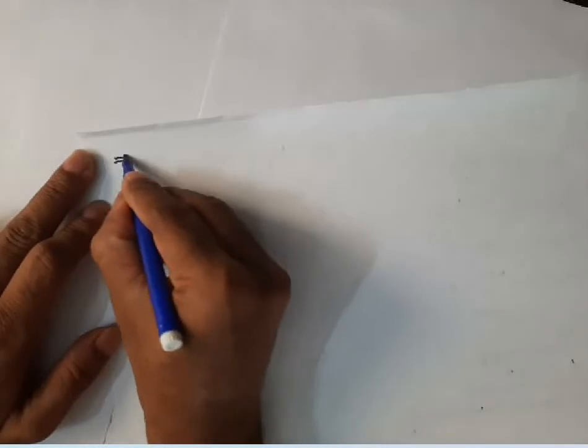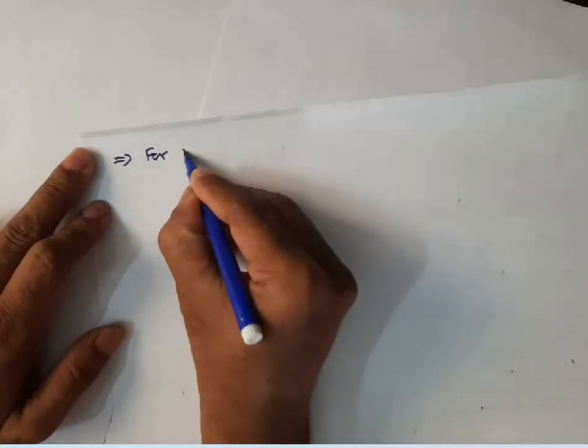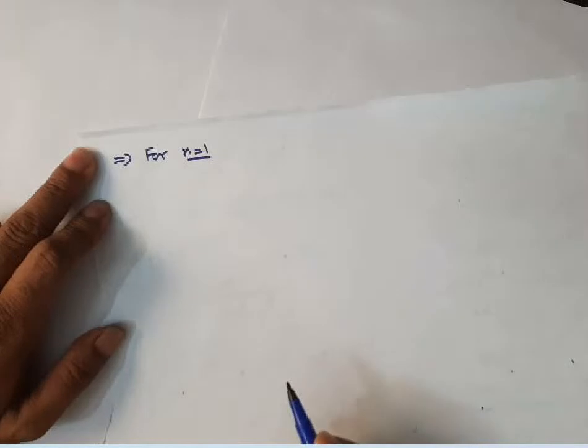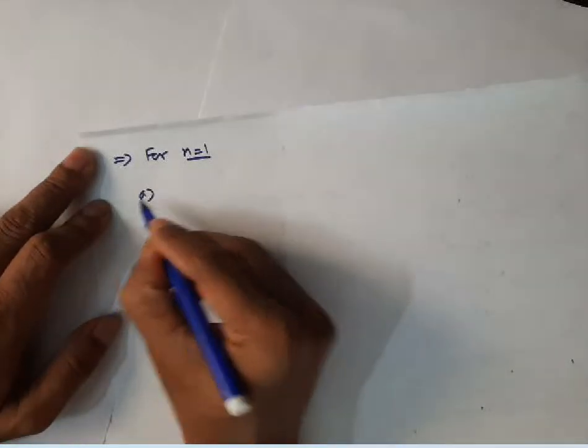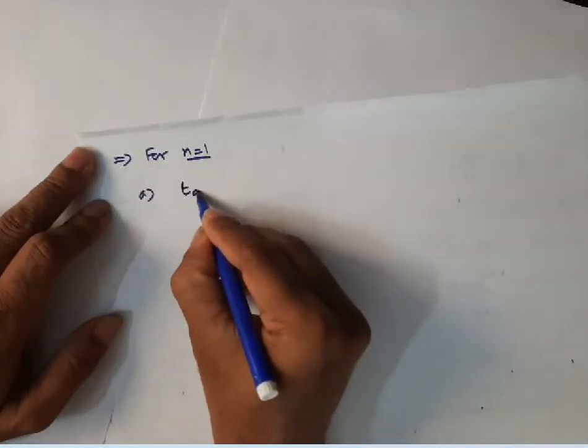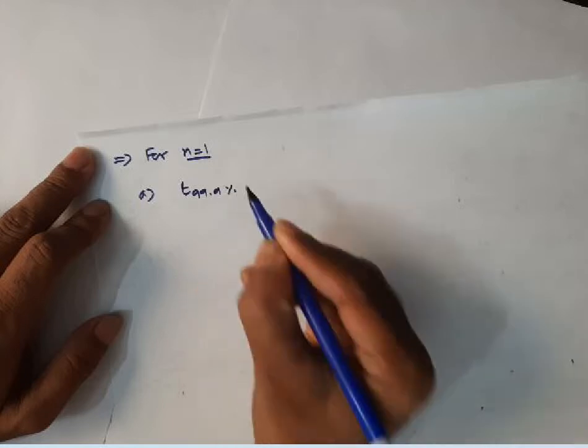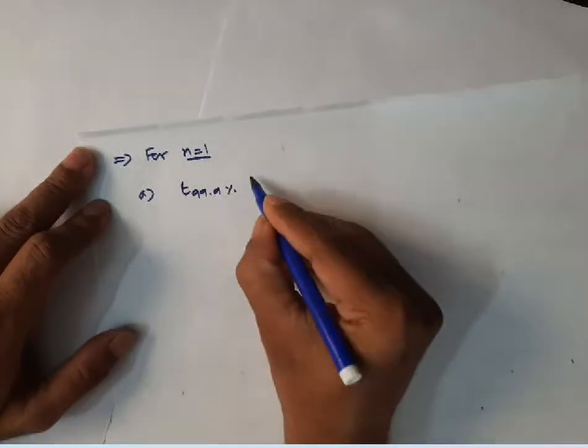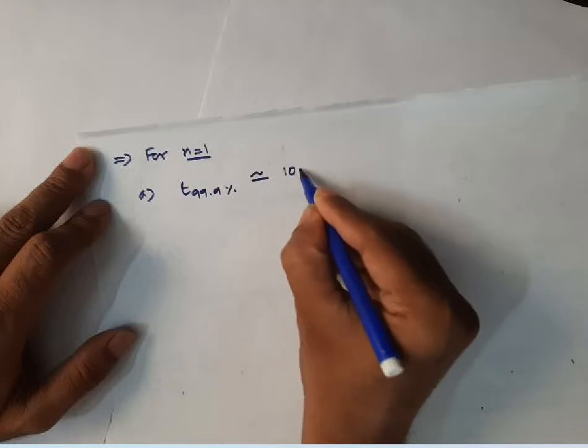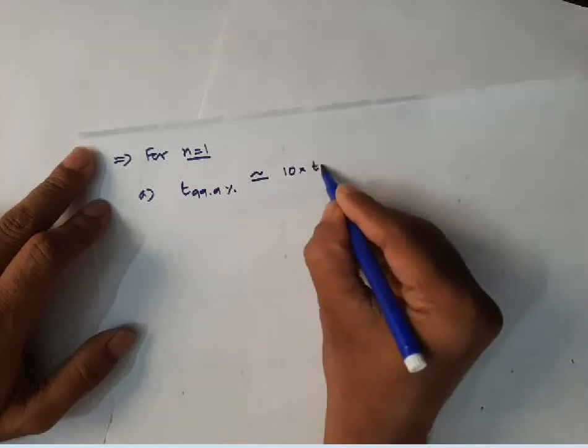Then we'll see a few more relations here. It is for first order reaction, for n equal to 1: the time taken for 99.9% completion of reaction is roughly equal to 10 times the half-life period of the reaction.